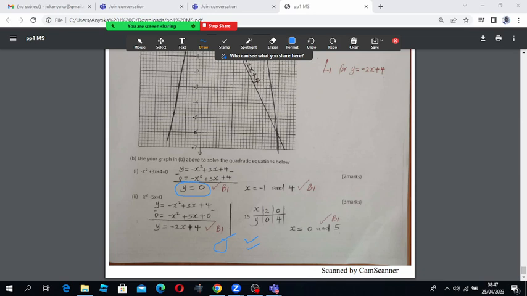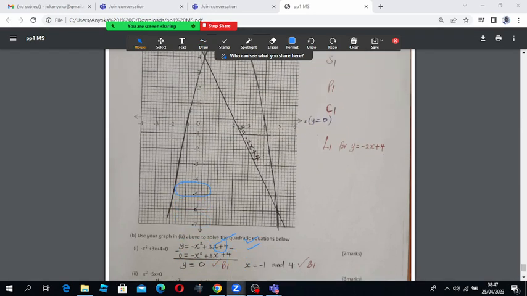So we want to get the values of x where the line is cutting the x-axis. So it cuts the x-axis at -1 and at 4. We take the values of x. So x1 is equals to -1 and x2 is equals to 4.